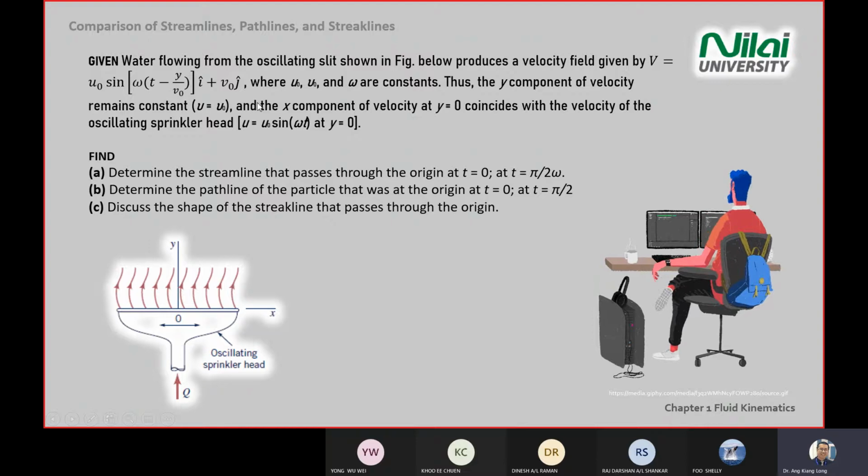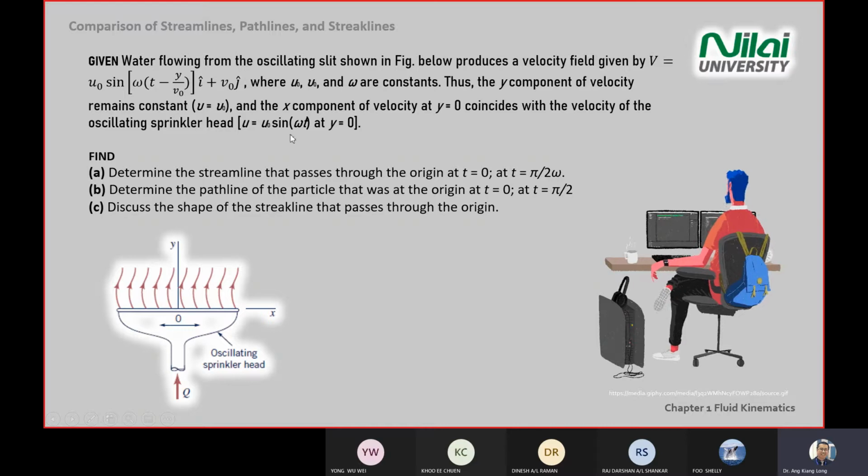And then the x component of velocity at y equals 0, which is here at the origin. If there is any movement along the x-axis, the question says at y equals 0, it coincides with the velocity of the oscillating sprinkler. So your sprinkler is actually oscillating.